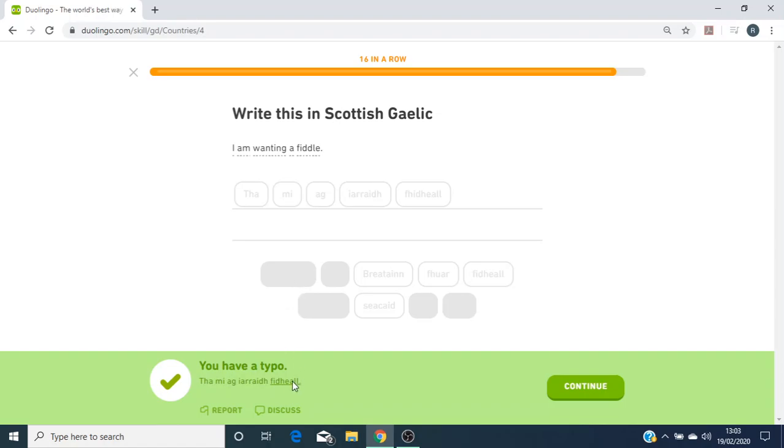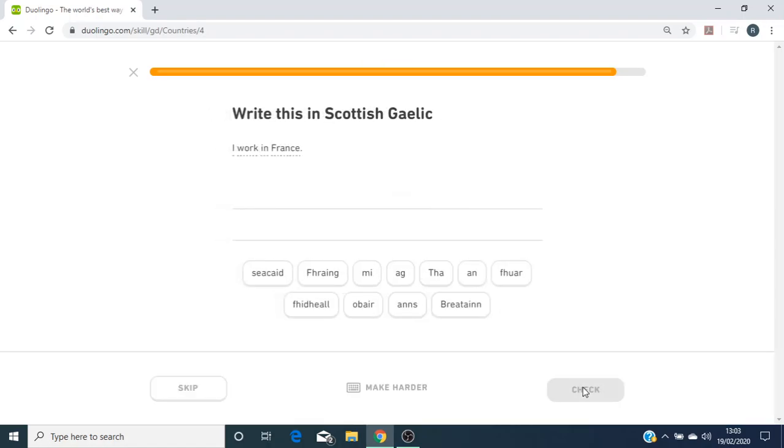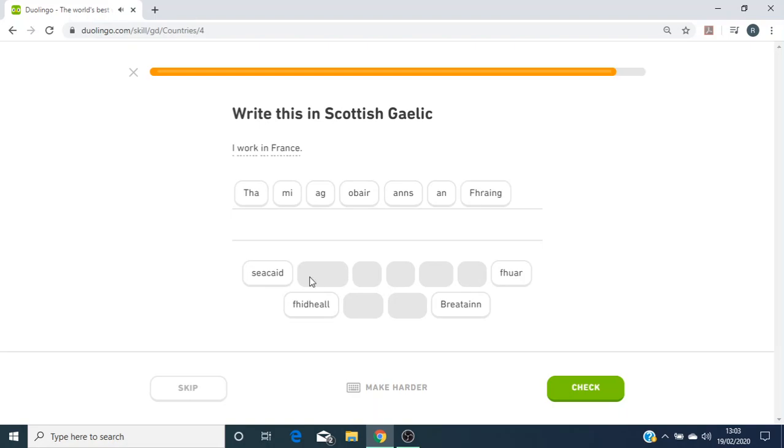It marks me right, but yeah, it's just a little mistake there. It should be feel, not eel. It's not lenited when you're just wanting it there. There we go.